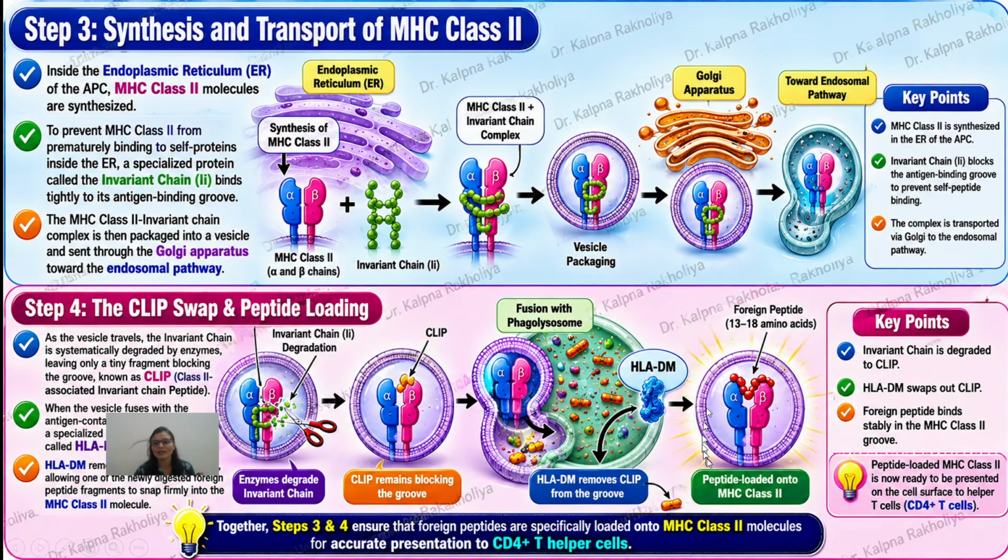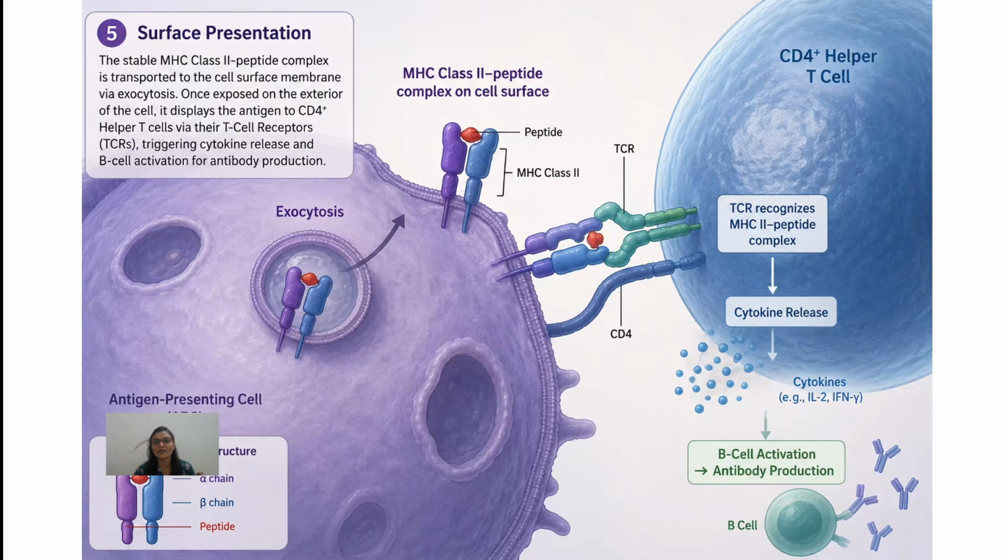So here this is a compartment in which the MHC class II molecule has a foreign peptide of 13 to 18 amino acids bound in it. Now the Golgi body transports this vesicle with the MHC class II and the peptide to the surface of the professional antigen presenting cell, as the vesicle moves via the cytoskeleton.